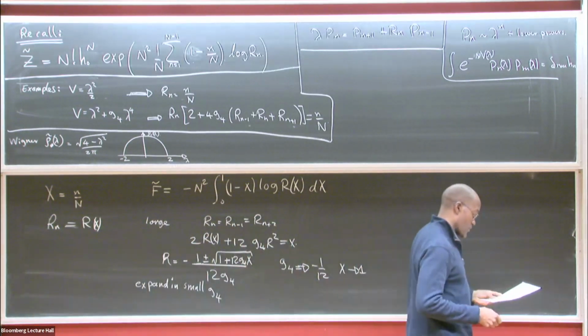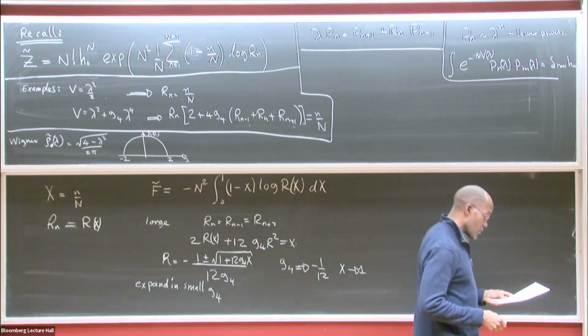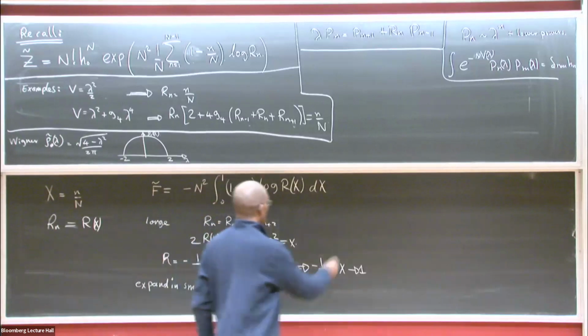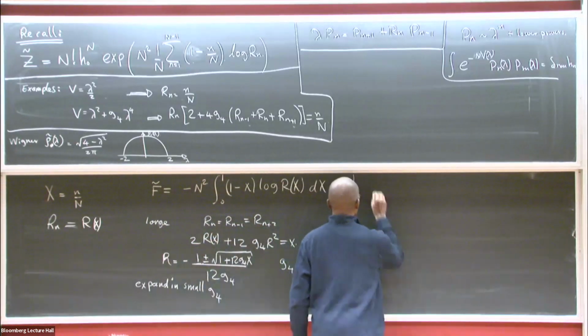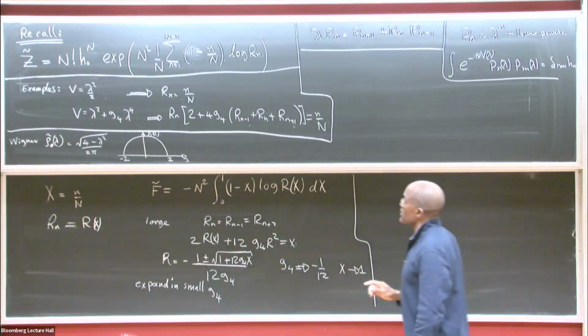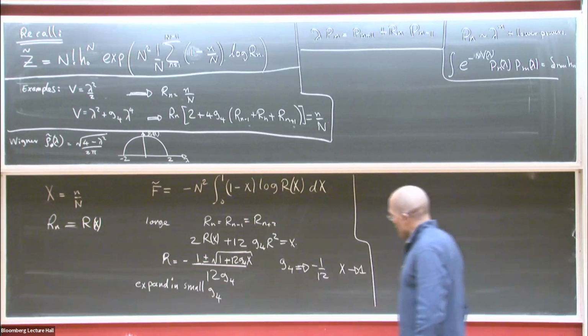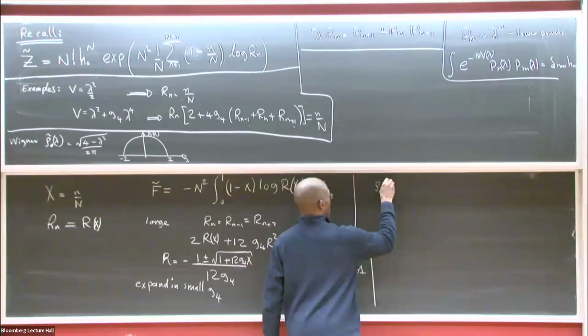So let's see. Yes, there's something else I want to pay attention to. There's another representation. Remember in the original setup, we solved the saddle point equation by going onto the complex plane and deducing that form for rho.